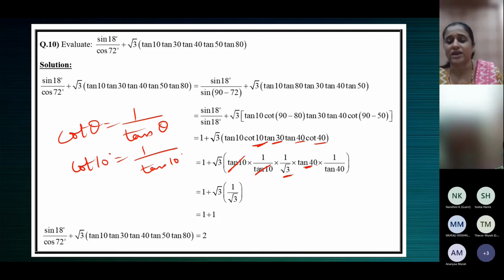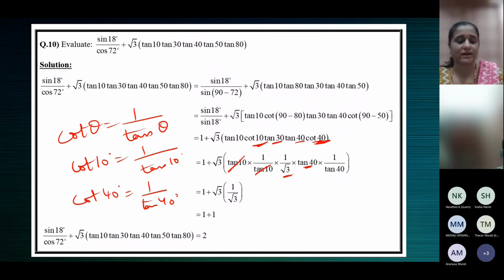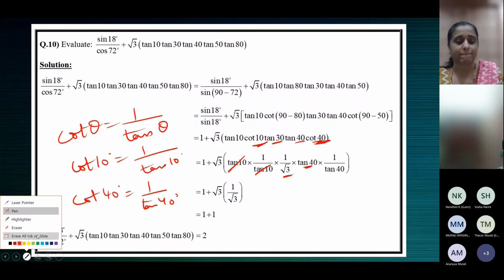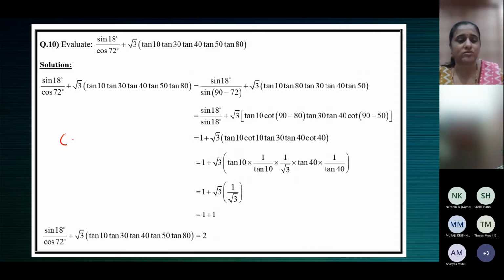I've written tan 40 as it is. I've changed cot 40. What is cot 40 degrees? It's 1 by tan theta, 1 by tan 40 degrees. So you can take away cot 40 and write 1 by tan 40, because cot theta is equal to 1 by tan theta.